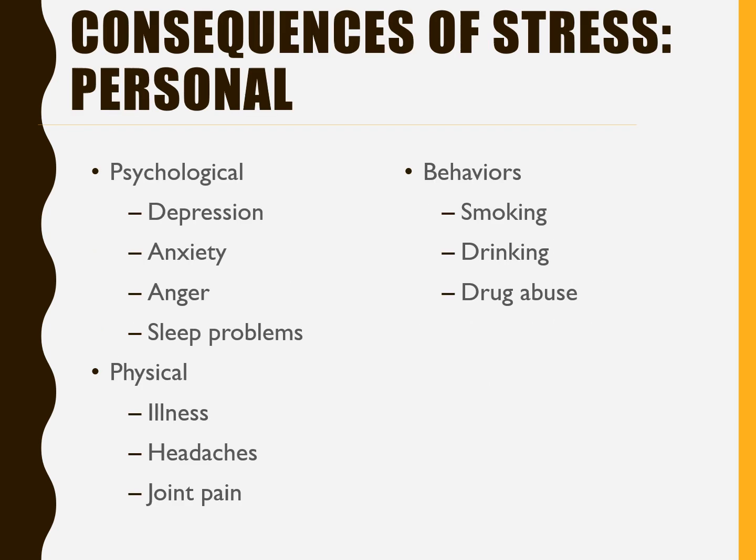Meanwhile, the consequences of stress for the person are divided into three. The first one is psychological: depression, anxiety, anger, and sleep problems. For physical, it is illness, headache, and joint pain. The last one is behavioral, like smoking, drinking, and also drug abuse.